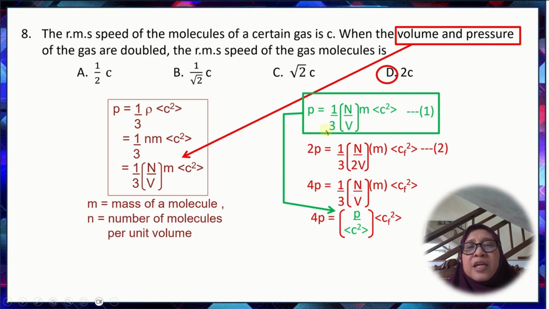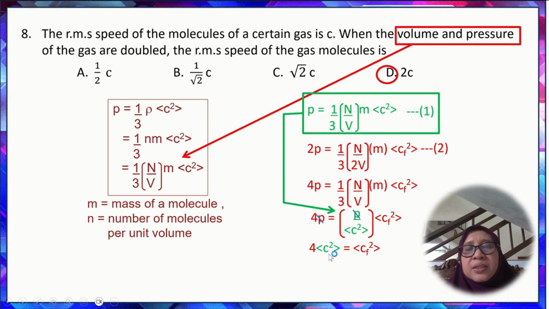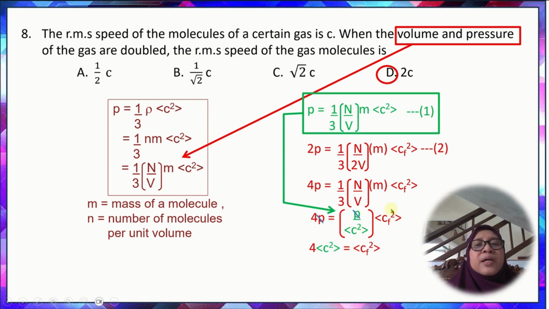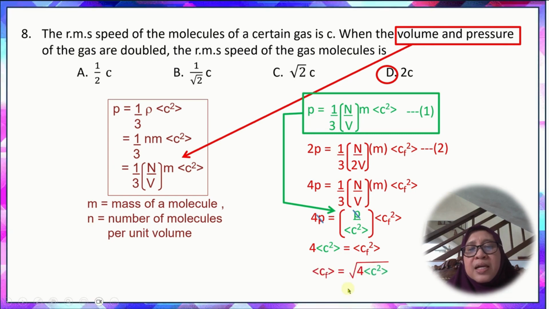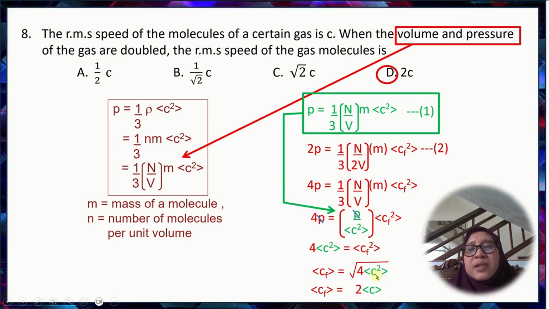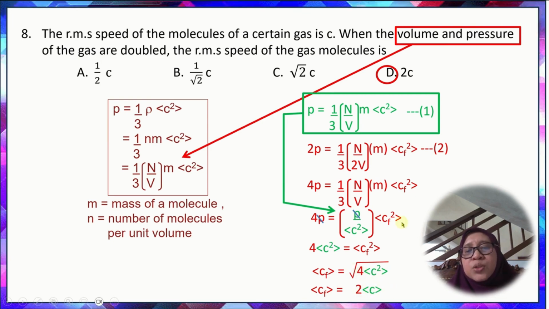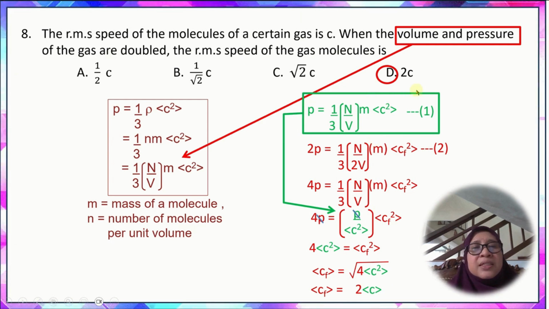We cross multiply the mean square speed, substitute, and cancel P, and we get the relationship between CF and this C. The question wants the r.m.s speed, so we square root both sides. We get the r.m.s speed as the square root of 4 times the mean square speed. The square root of the mean square speed is C. The square root of 4 is 2. So the answer is 2C, option D.